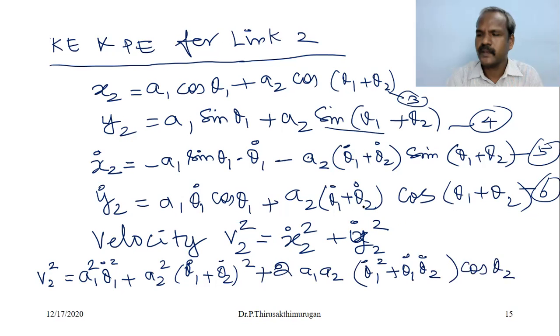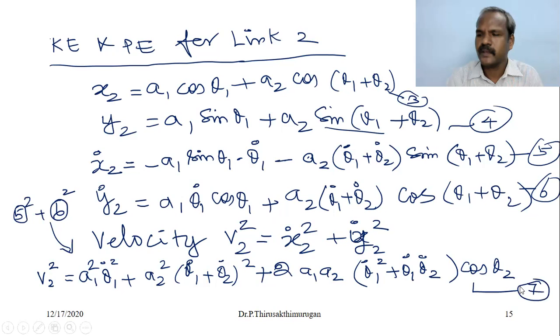So squaring and adding equation number 5 square plus equation number 6 square, we will be getting this. You do it. This is equation number 7.